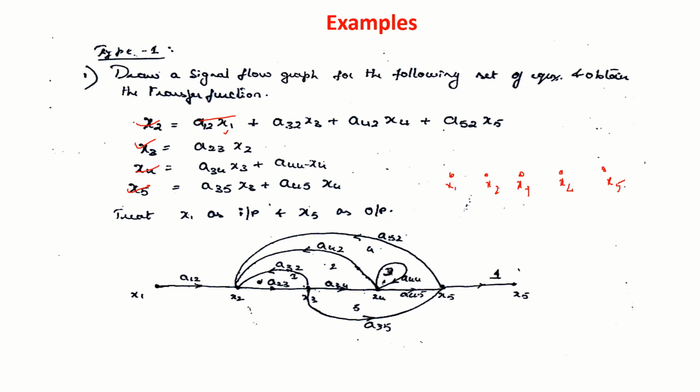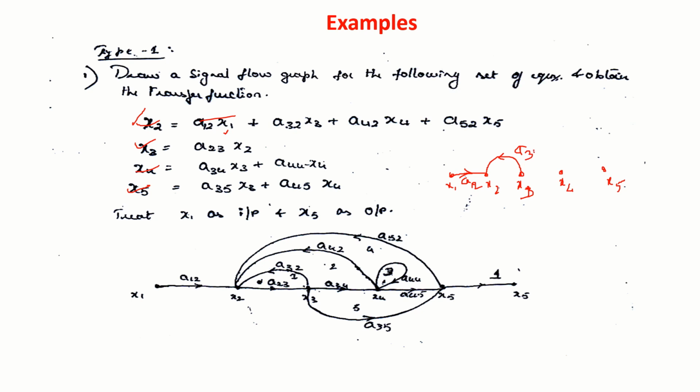Now let us look at equation 1. It says x1 multiplied by a12 must be equal to x2. From x1 to x2 you draw a line and the path gain is a12. Then x3 multiplied by a32 gives x2, so from x3 to x2 you go like this, a feedback path.